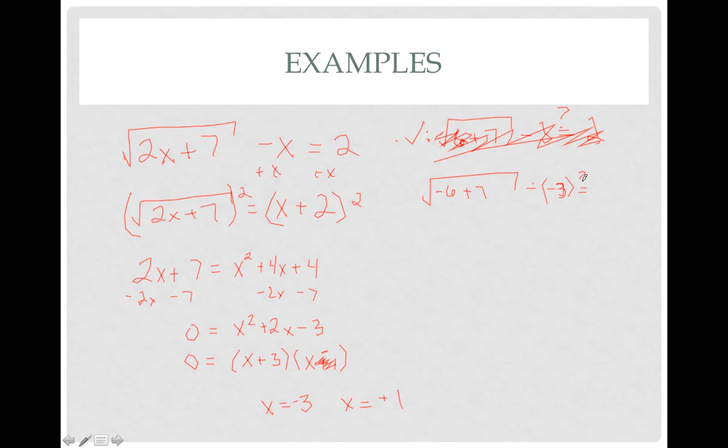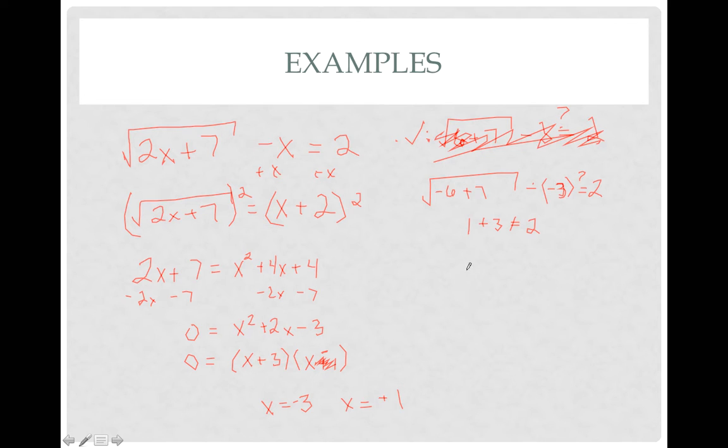Does that equal 2? Well, -6 plus 7 is 1. Minus a -3 is plus 3. And that does not equal 2.